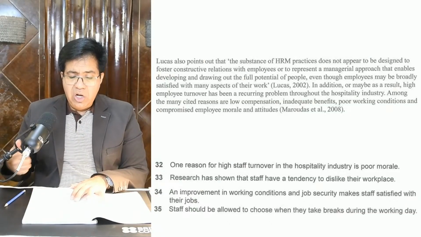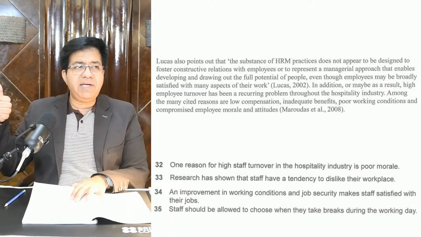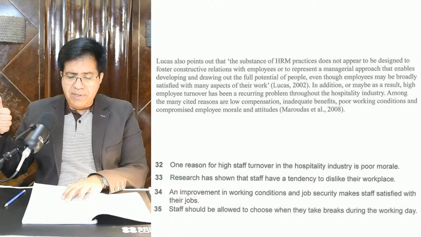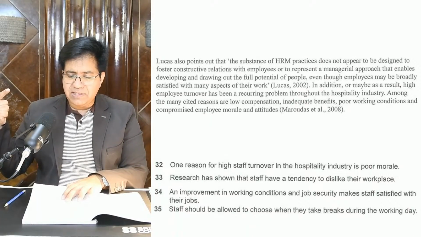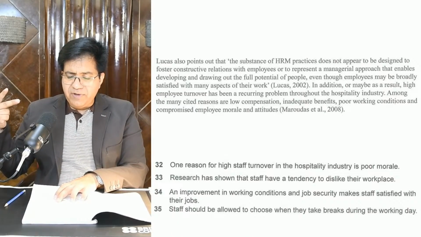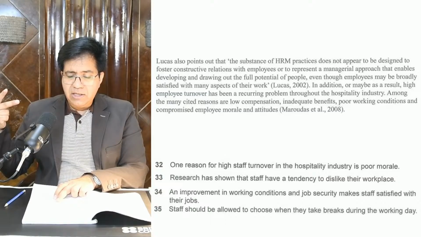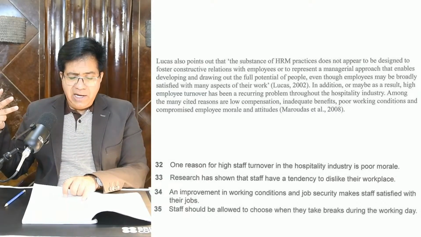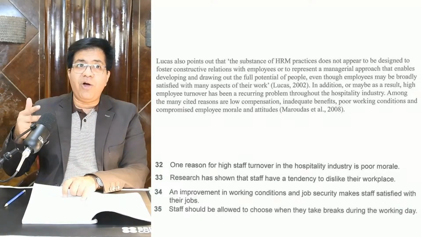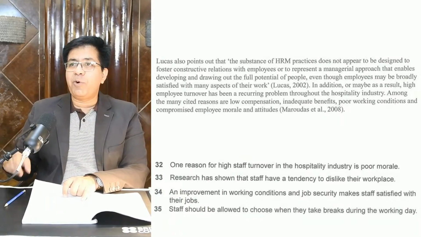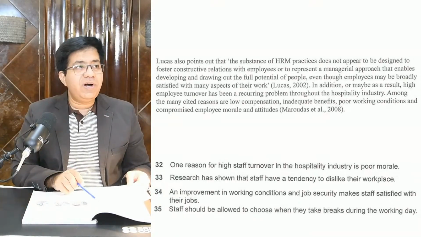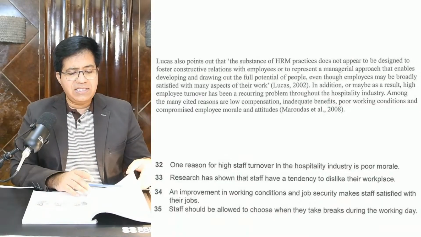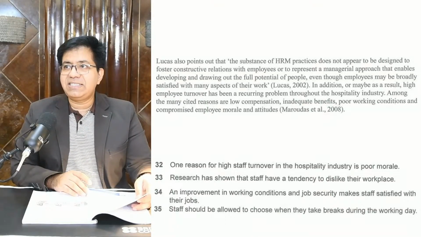Now reasons are low compensation. Have they mentioned that? No. Reason number 2, inadequate benefits. No. 3, poor working conditions. Poor working conditions, not poor morale, right? And compromised employee morale. Compromised morale means poor morale. So correct answer is yes. Got it?